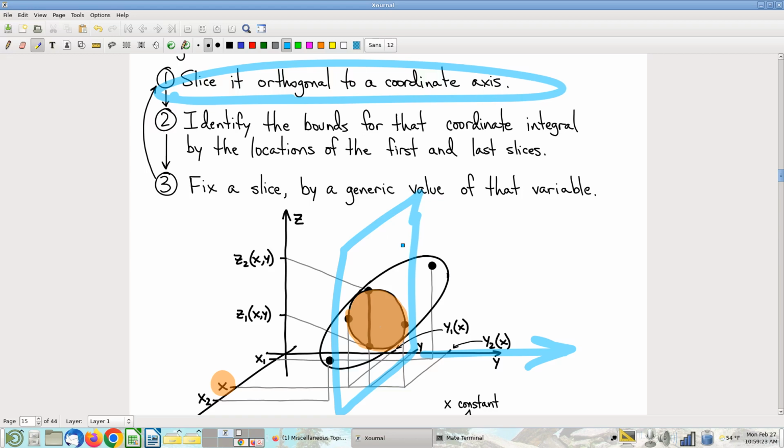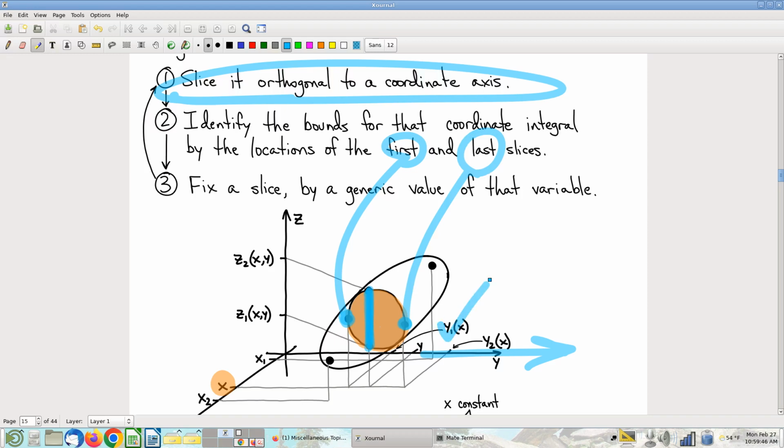Geometrically, that slice is sort of a line segment, like that. We've got to look at first and last. The first y slice is going to be over there. The last one is going to be that point, and that's going to tell you your y bounds, for which you're going to have to use the geometry of the situation.